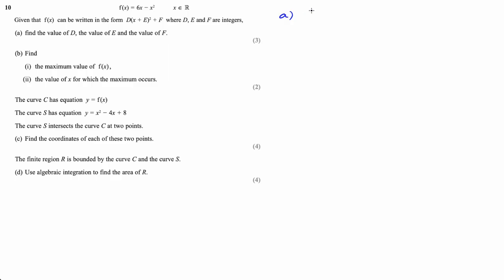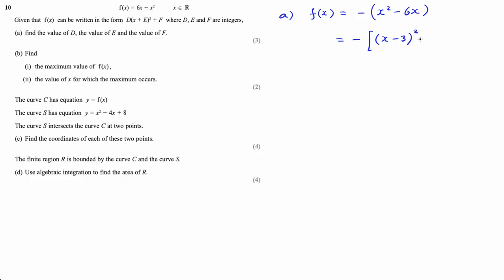So, f of x equals, I'm going to take out the minus, and then I'm going to have x squared minus 6x. Then leave that minus out there, square brackets, I half the 6, x minus 3 squared.